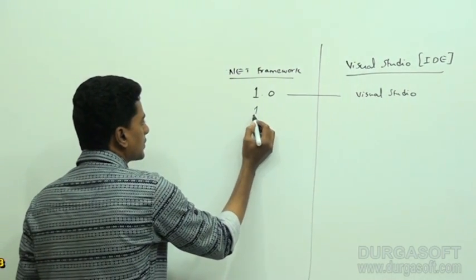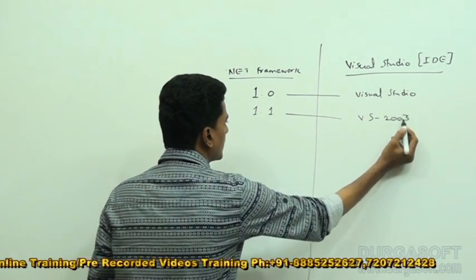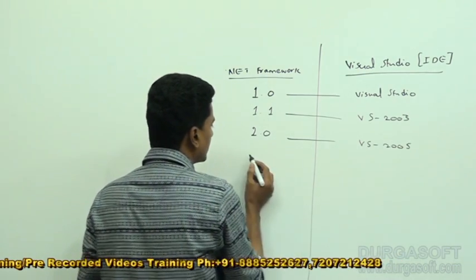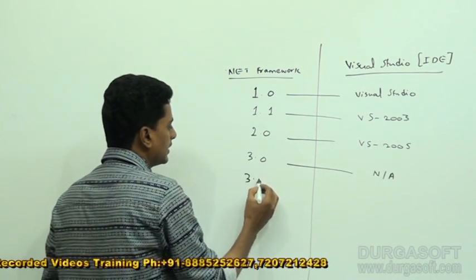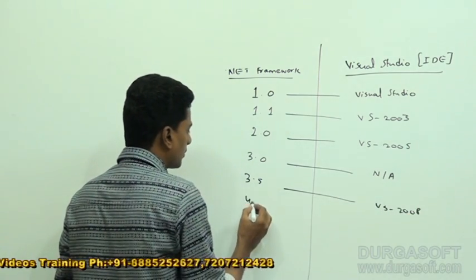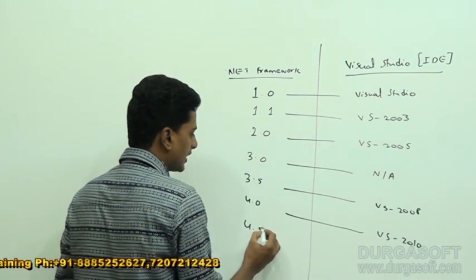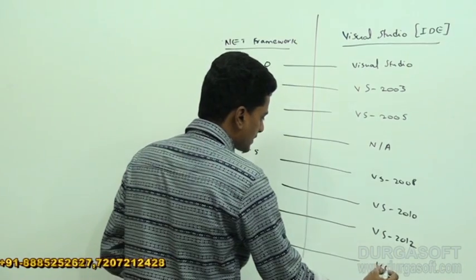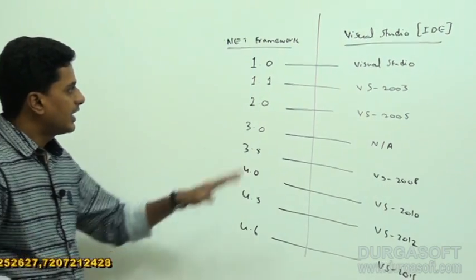Later came .NET Framework 1.1 with Visual Studio 2003, then 2.0 with Visual Studio 2005, 3.0 with 2005 only, then 3.5 with Visual Studio 2008, 4.0 with Visual Studio 2010, 4.5 with Visual Studio 2012, and the latest version is 4.6 with Visual Studio 2015. So these are the versions of .NET Framework and Visual Studio.